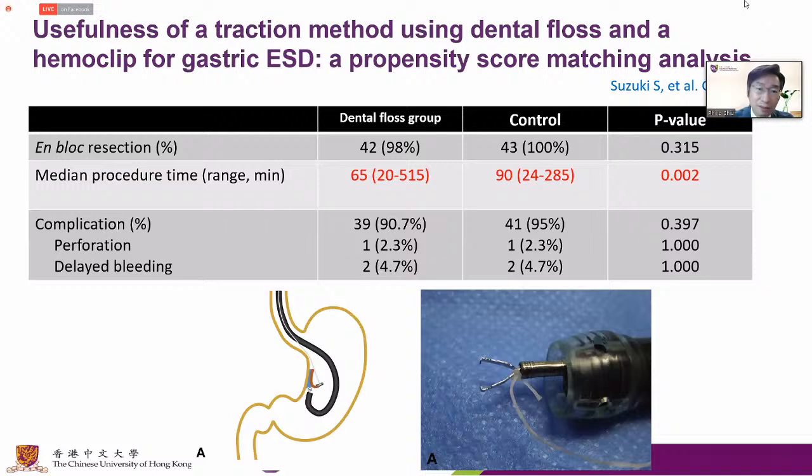So nowadays, there has been development of a retraction device using a dental floss and a clip, so that the dental floss or any suture can be tied to the clip, and the clip will be applied to the edge of the mucosa to enhance retraction. And in a reported study, the dental floss group had a shorter operative time as compared to the control without this retraction.